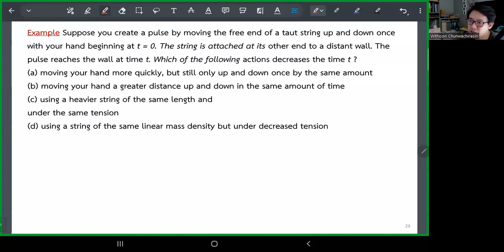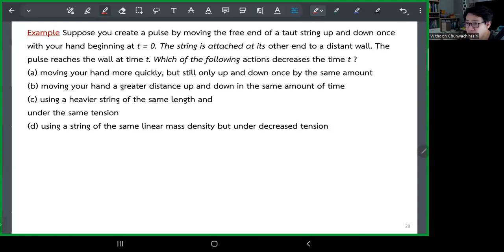You just change the shape of the pulse. No. B, moving your hand a greater distance up and down in the same amount of time. Same thing as A, right? Because by moving your hand up and down a greater distance, you only create a higher amplitude, or a greater height of the pulse. But that doesn't change the way the pulse travels. So part B, no good.